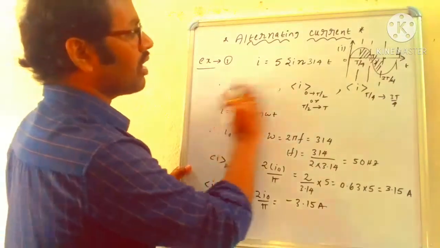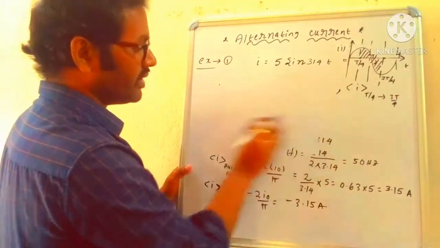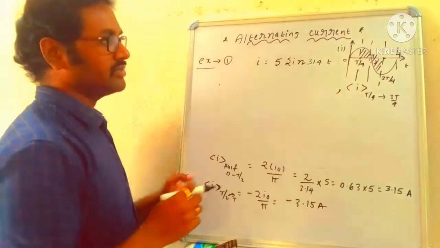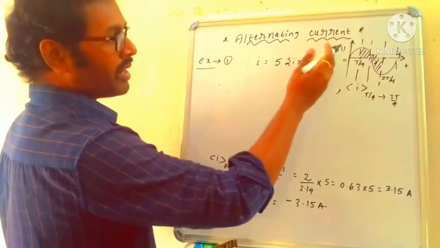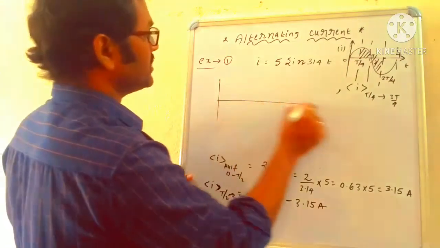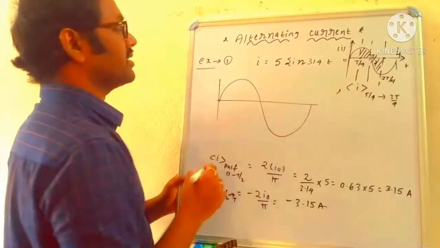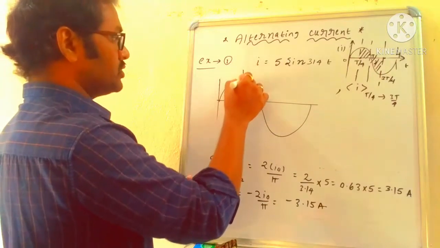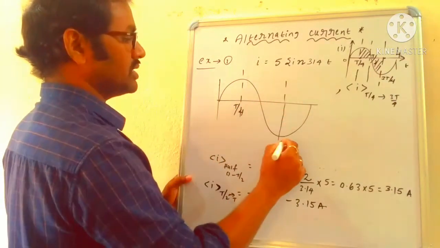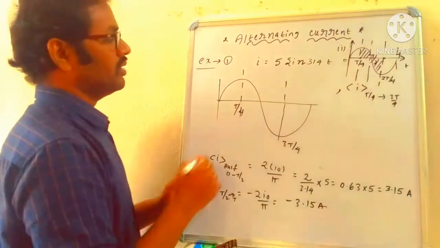This is also for the half cycle, but we are choosing not entirely positive, not entirely negative. Some part is positive, some part is negative. There you can see, this is the complete cycle, and we are choosing the time from T by 4 to 3T by 4.